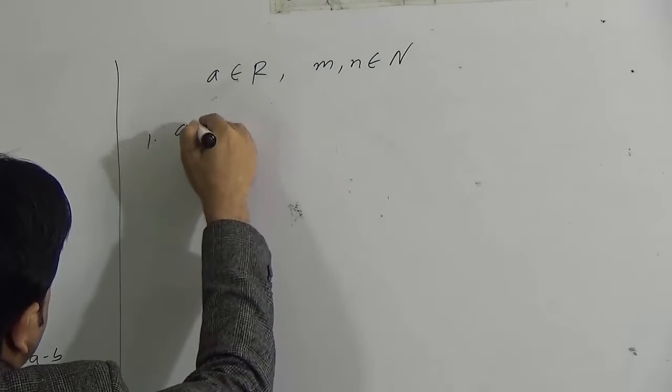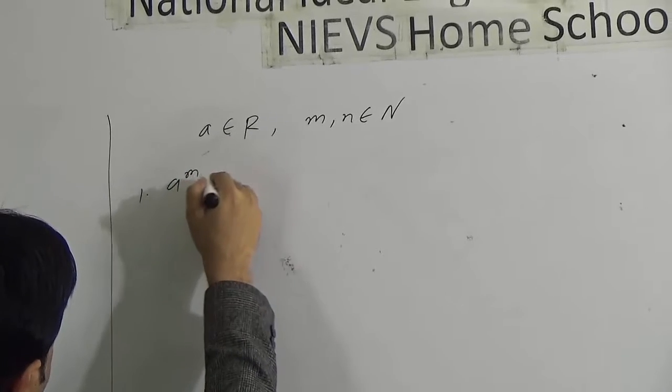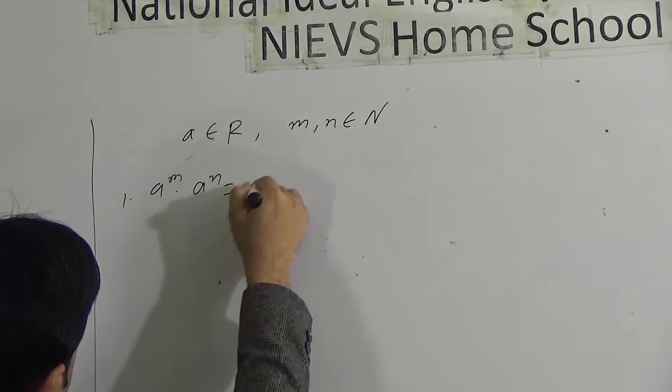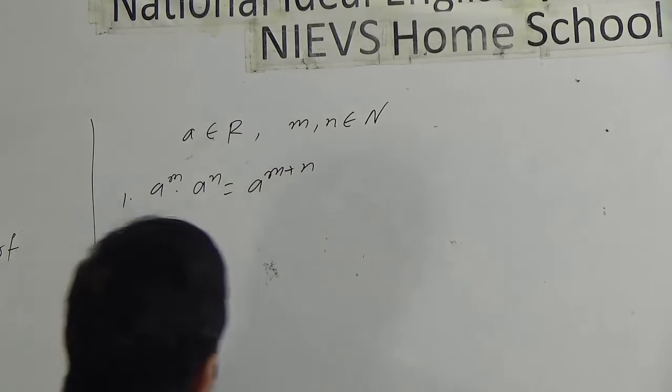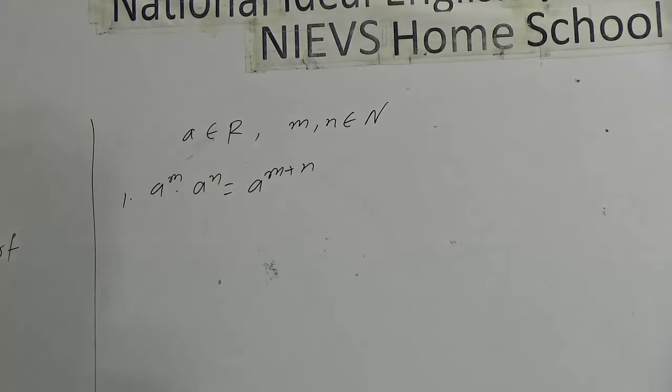One is a to the power m into a to the power n is equal to a to the power m plus n.